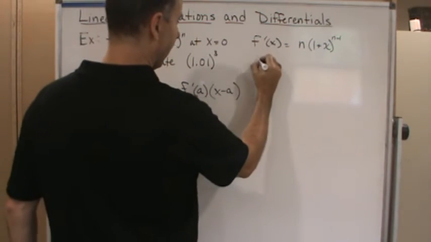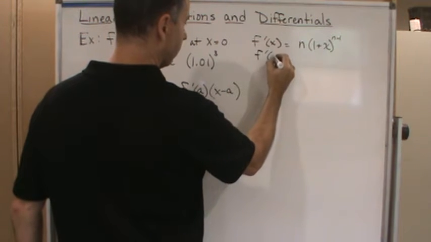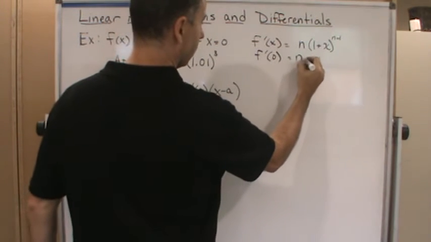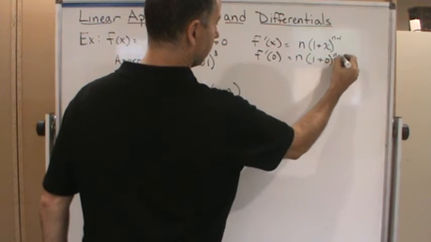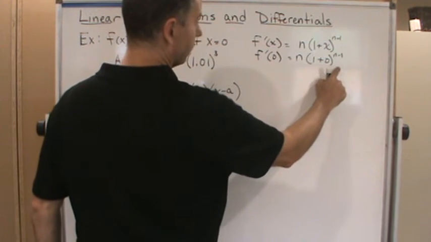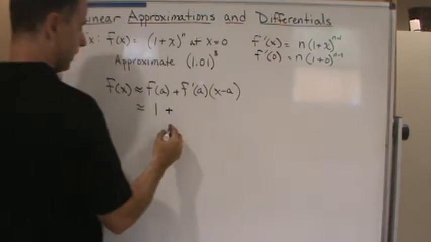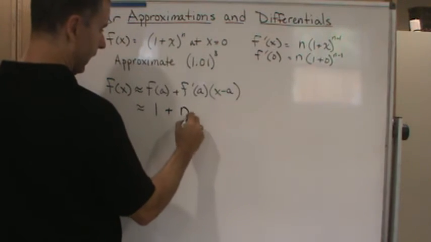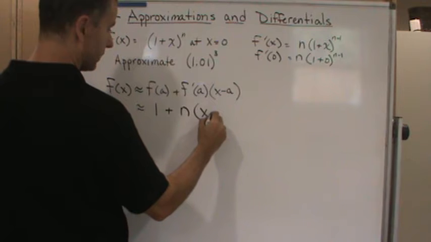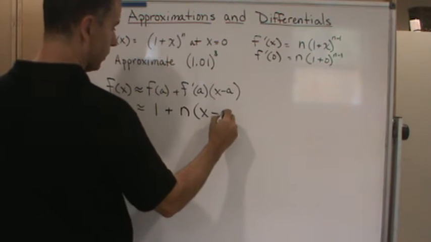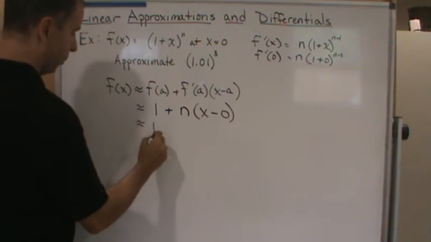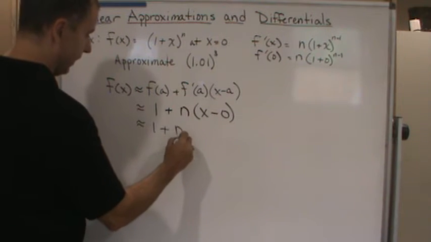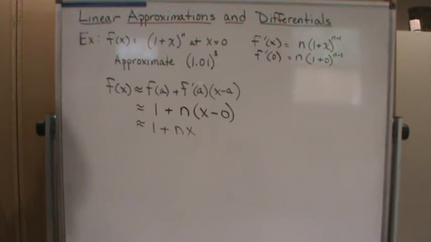If we plug in 0 here, we still get 1 for this part. 1 times n is always going to be n. So this is going to be n times x minus 0, which is this x. So we get approximately 1 plus n times x as our linearization.